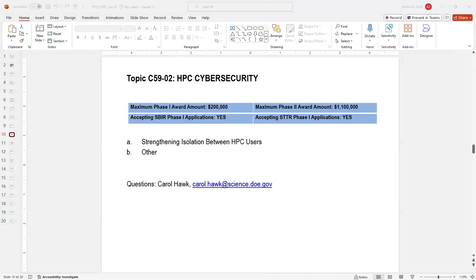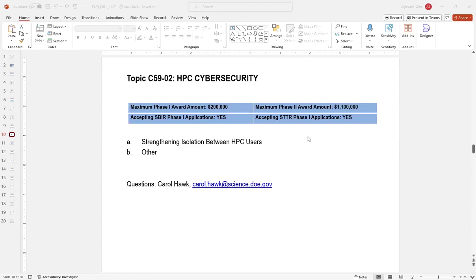The next topic is high-performance computing cybersecurity. And the main subtopic is strengthening isolation between HPC users. The big picture here is that high-performance computing is different from desktop computing, and it's different from enterprise computing and cloud computing in terms of its architecture, its interfaces, and in particular, the way it treats security.